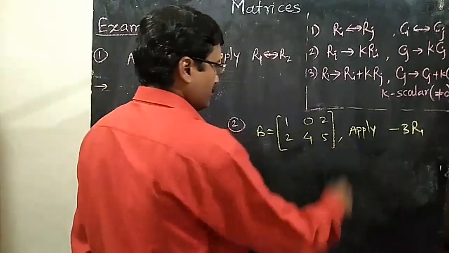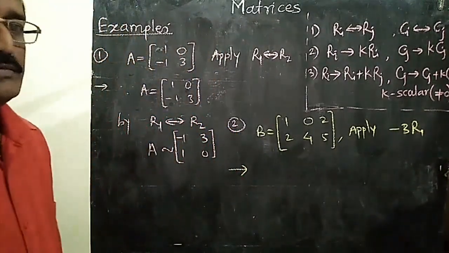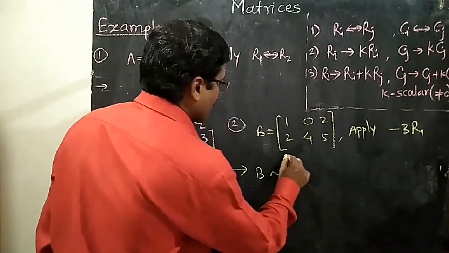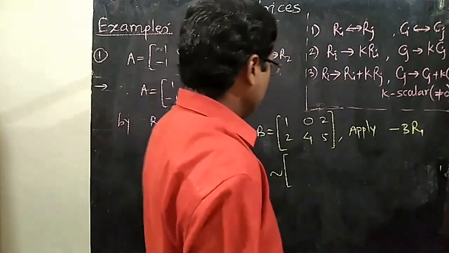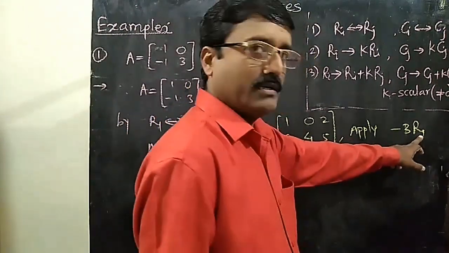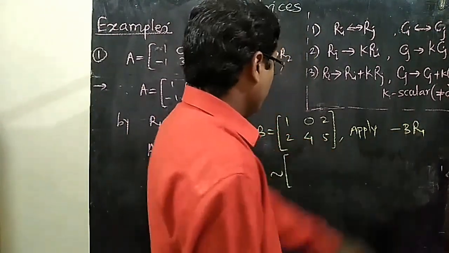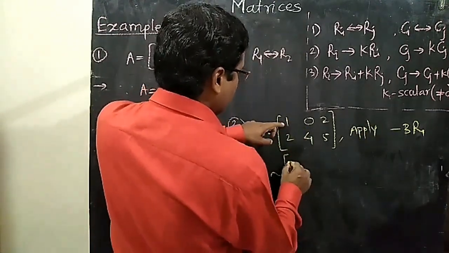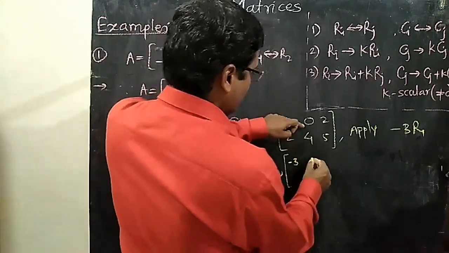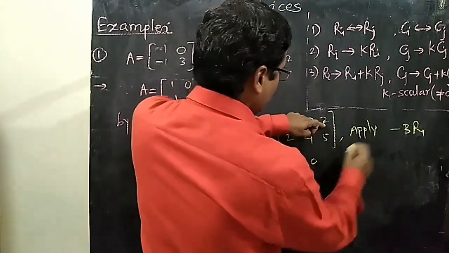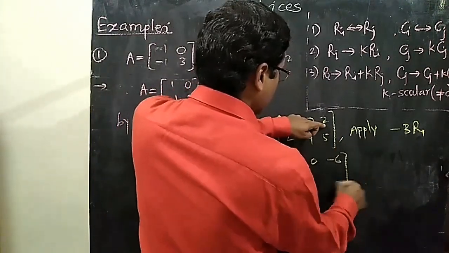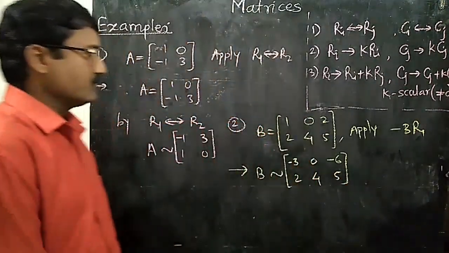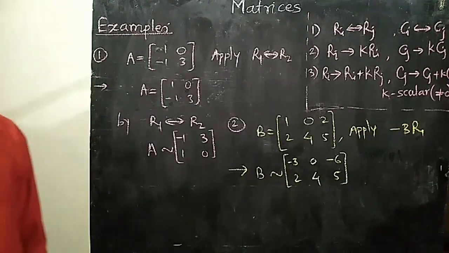So B, apply minus 3 times R1. Then we will get B equivalent to, what to do here, we have to multiply each element of the first row by minus 3. This is our first row. So multiply each element by minus 3. You get 1 into minus 3 is minus 3, 0 into minus 3 is 0, and 2 into minus 3 is minus 6. And the second row remains as it is. There is no change in the second row because only a single operation is given.